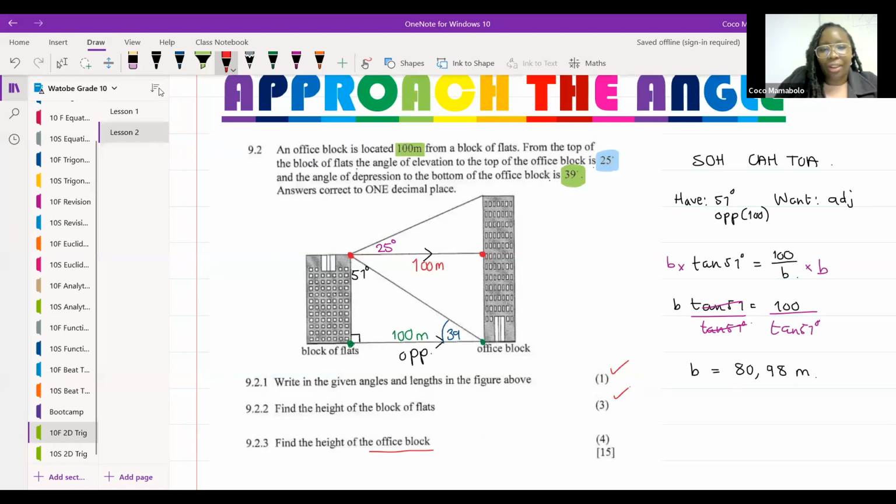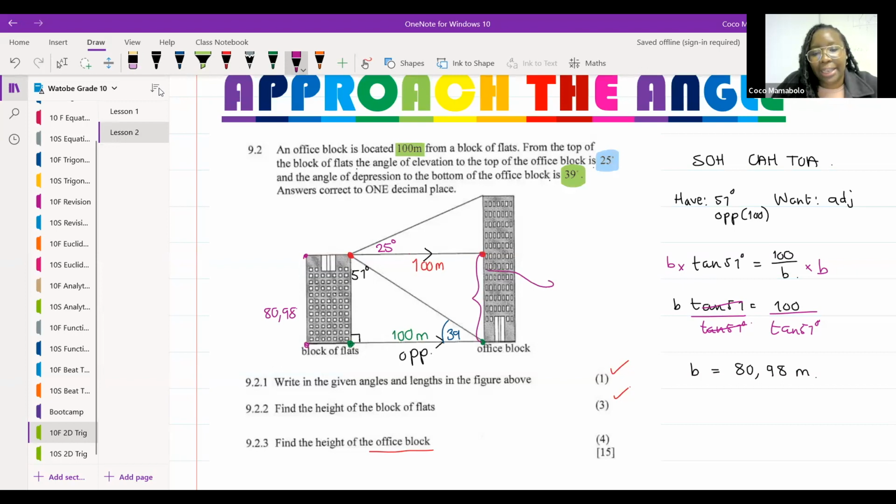Now, let me ask another obvious question. If the height of our block of flats is 80.98, what is the distance from here to here going to be? Good.